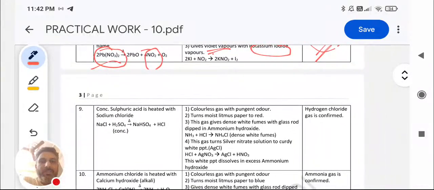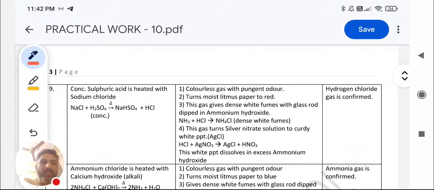And then the ninth one is hydrogen chloride gas. Hydrogen chloride gas, or HCl, can be prepared by heating sodium chloride and concentrated sulfuric acid together, which gives a colorless gas with pungent odor. And this HCl gas turns moist blue litmus to red color.